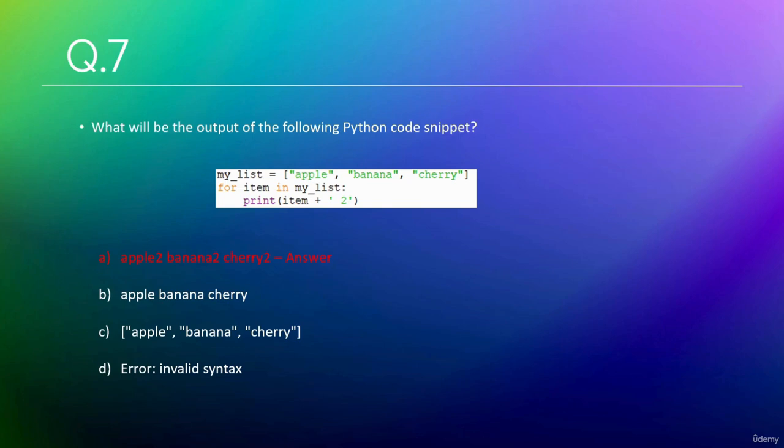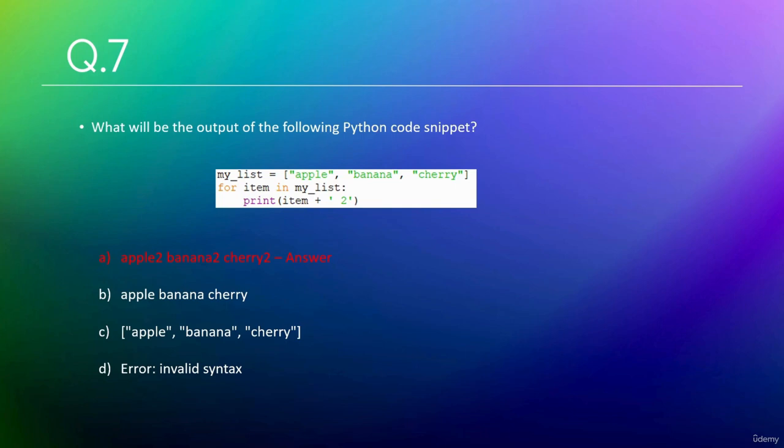So this means that it will iterate 3 times. Each time it will access each of the items. Now in the print statement, what we are doing is that we are concatenating 2. So whatever the item is, we are adding 2, which means we are concatenating the value of 2. This is just a string, so it will add 2 at the end and then print that. That is why option A is correct.